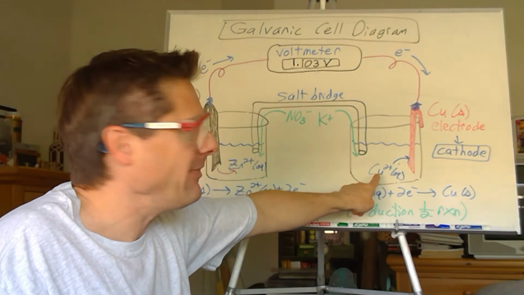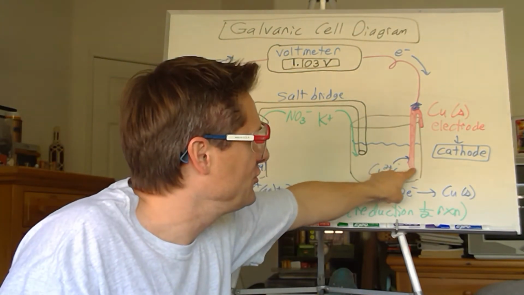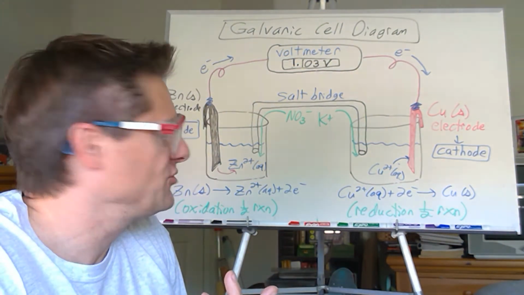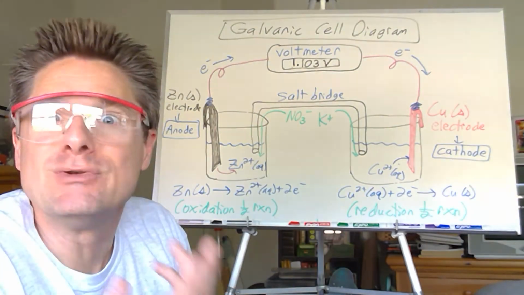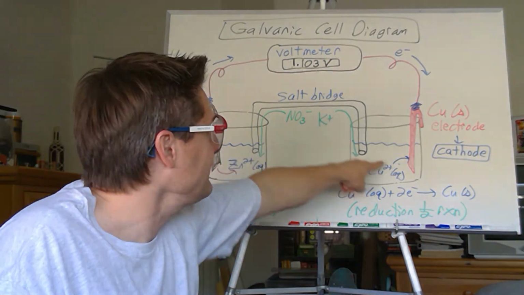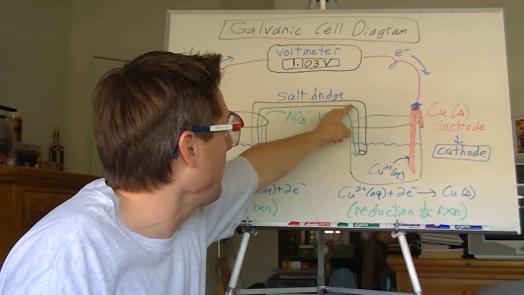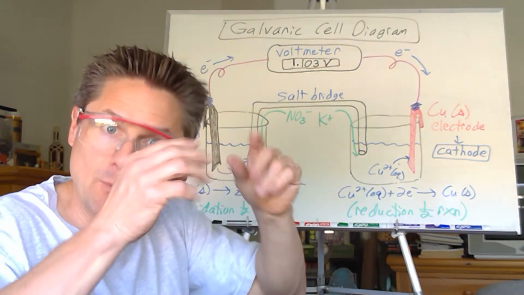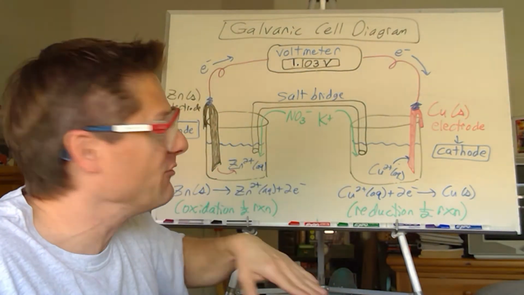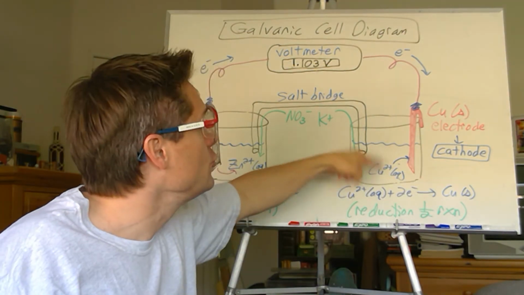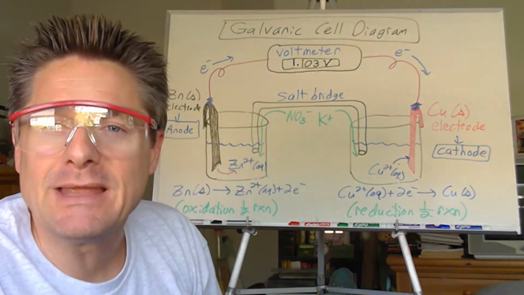Over in the cathode half cell, for every copper 2 ion that plates out as a solid, we're losing 2 positive charges. So it's becoming too negative, and the potassium ions will flow in to counteract that. That's why you can't have any bubbles in that salt bridge, because we can't have any air gaps in there. Those ions need to flow. So for every copper 2 ion that plates out, 2 potassium ions come in to maintain electrical balance.